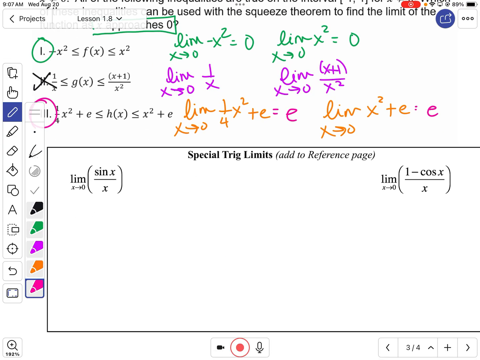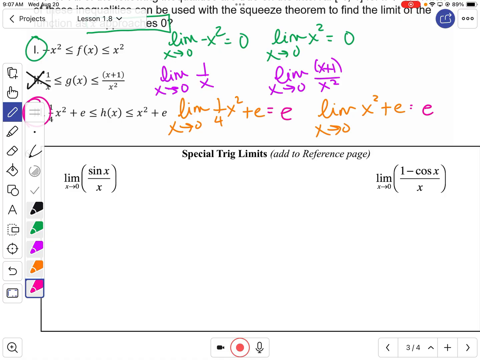If you picked up your calculator and put in sine x over x, the whole thing divided by x, and graphed it, you can zoom trig so you can see it better.